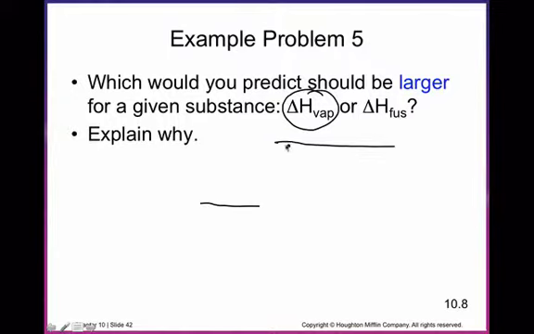And more energy corresponds to more time it takes to go through that phase change. So the heat of vaporization should be larger for a substance because it takes more energy to transform a substance from a liquid to a gas. It takes a lot more energy to break those intermolecular forces to get it from a liquid to a gas.